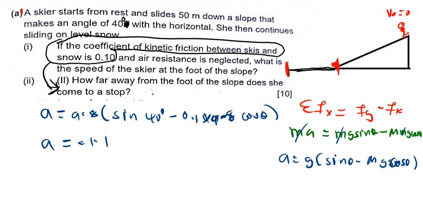When they talk from this point to this point, they're not mentioning anything about the snow. The snow is just there after it reached down the incline. That's why they say she then continues sliding on the level snow, meaning that the incline was not part of the snow. So the friction force between the car and the snow is only for the level part. Have I made myself clear there? Yes.